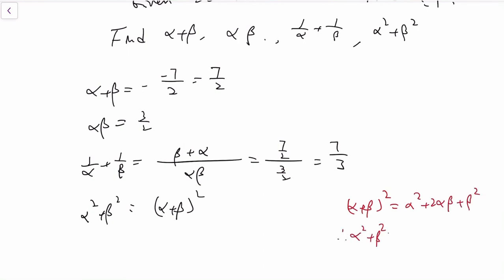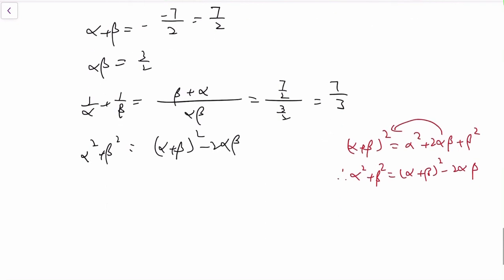Therefore, alpha squared plus beta squared is actually alpha plus beta squared minus, you minus this away, 2 alpha beta. And so alpha plus beta is 7 over 2, squared, minus 2 alpha beta, which is 3 over 2. Then you just calculate that. That should be this, I think.